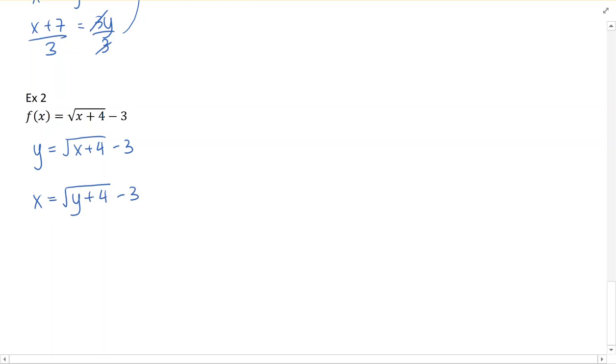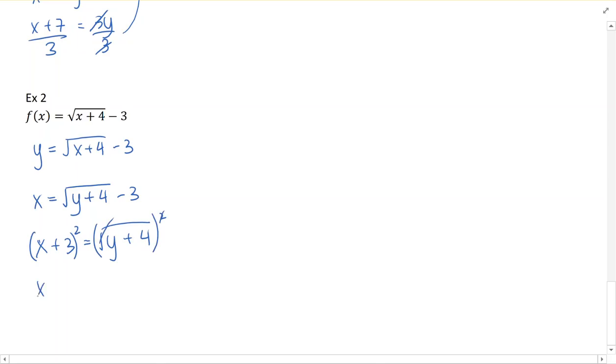Now it's just a matter of rearranging this. We're just going to move that 3 over. x plus 3 equals square root of y plus 4. Now we'll need to square both sides to get rid of that root. So that's gone.